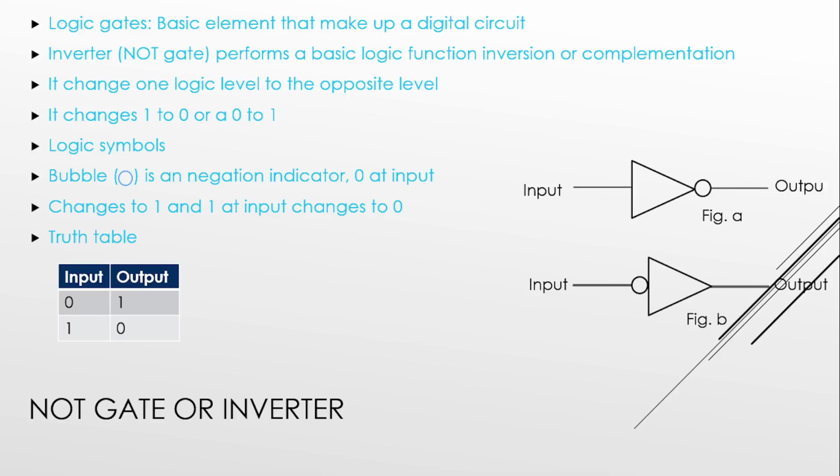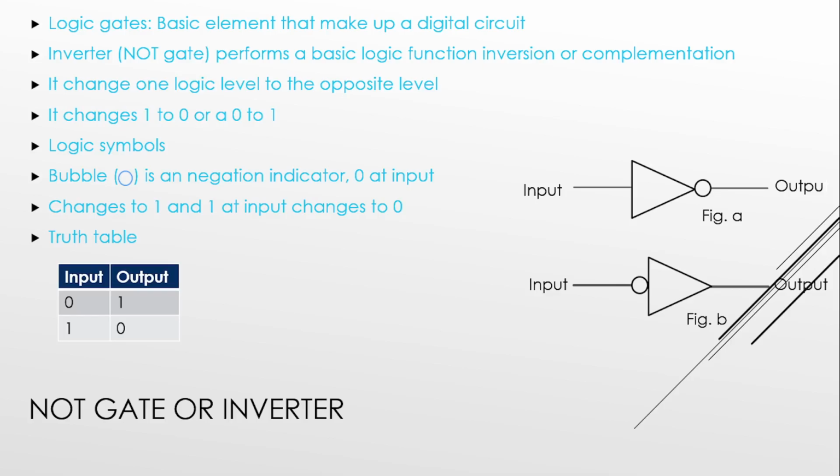As I have told you, the very first gate is the NOT gate or inverter gate, and it performs the basic logic function that is known as complementation or inversion. What is inversion or complementation? It simply changes one logic level to the opposite logic level.